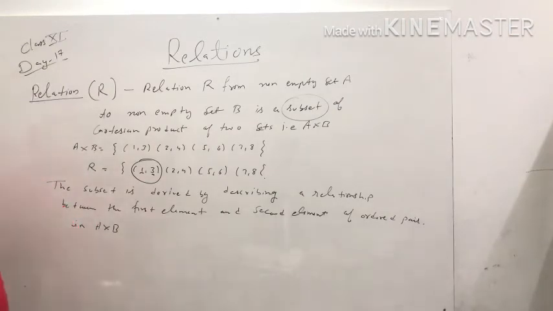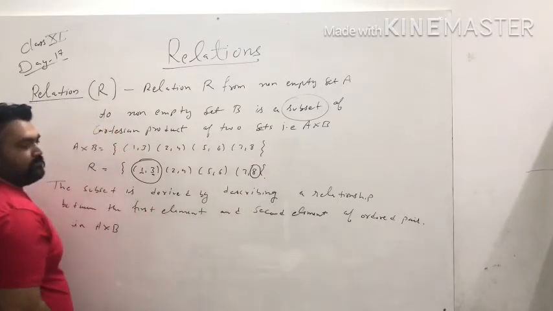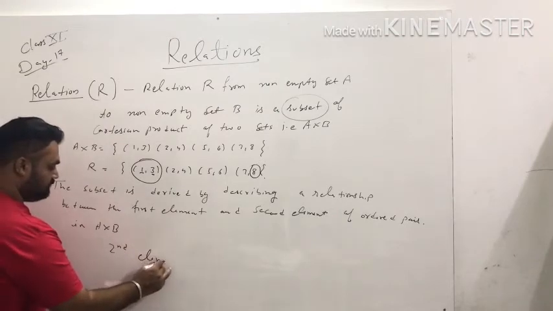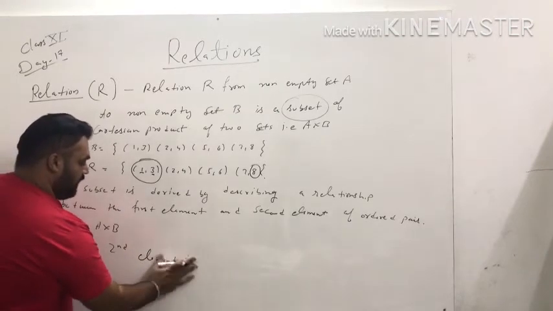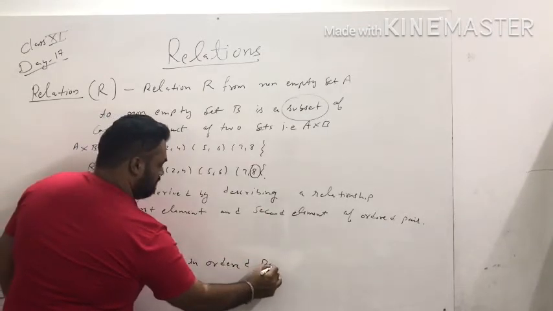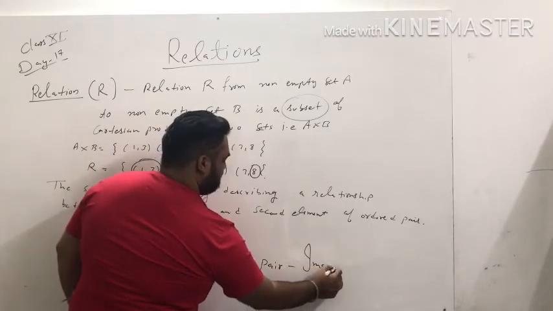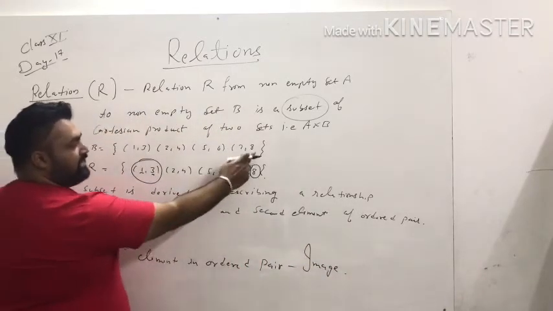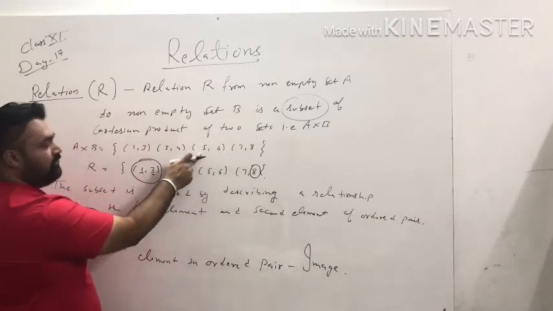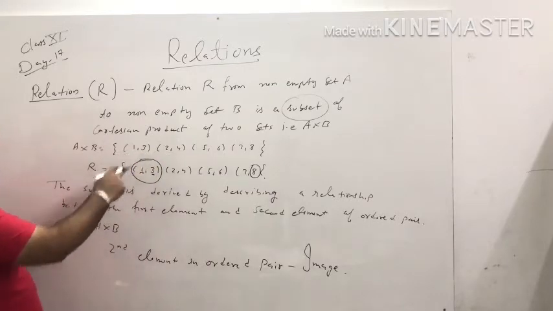Now remember one thing, the second element in an ordered pair is called the image. So the image of 8 is 7, the image of 6 is 5, the image of 4 is 2, the image of 3 is 1.